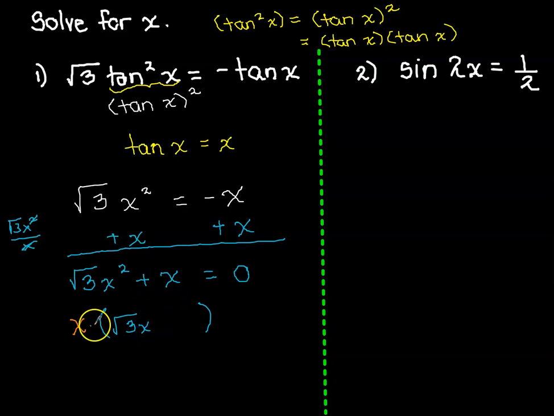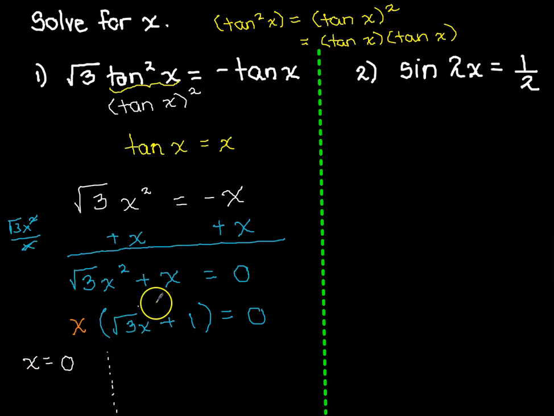And plus x divided by x will give me 1. And just like anytime you factor, if you distribute, you should end up right back at the previous line, if you factored correctly. So since this is factored and the other side is 0, you can apply what's called the zero product property, meaning you can set each factor equal to 0 and then solve for x from there.